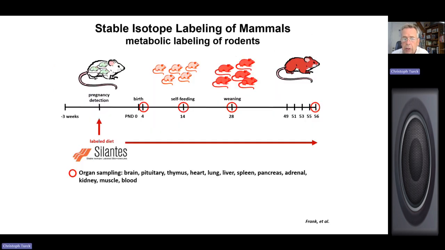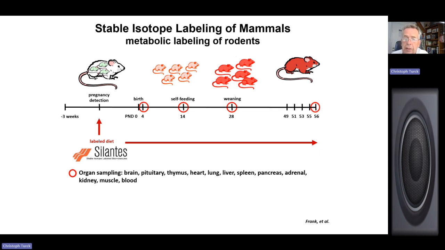And this is something I'm going to show you here on the next slide, how we went about labeling these mice. We already fed the mother mouse upon pregnancy detection with the 15N labeled food from Silantes. So the embryos, of course, are already being exposed to some 15N.